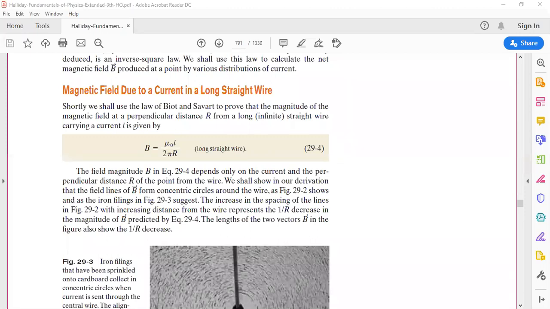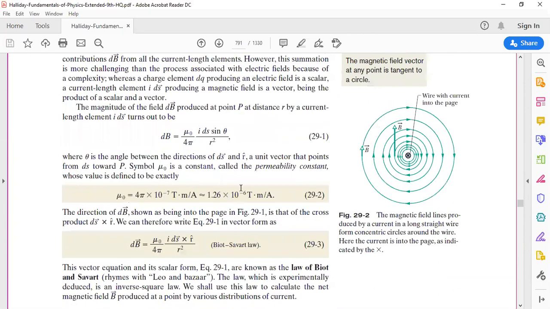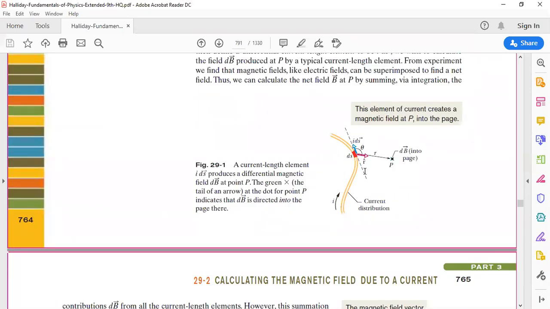Yes, the current length element is the element of the wire which we consider for our simplification. So we start from a small element, then integrate it over the whole length.